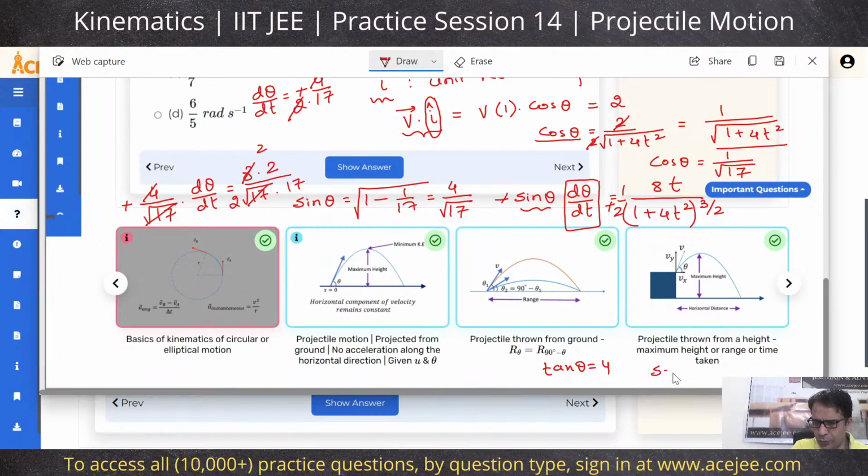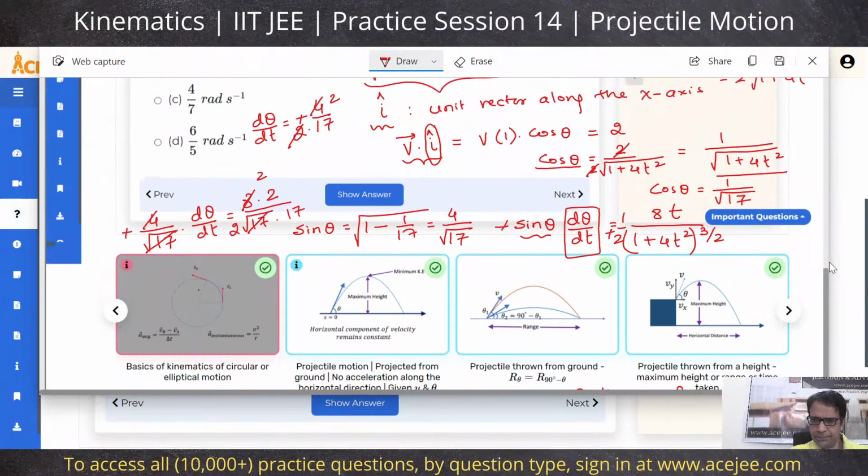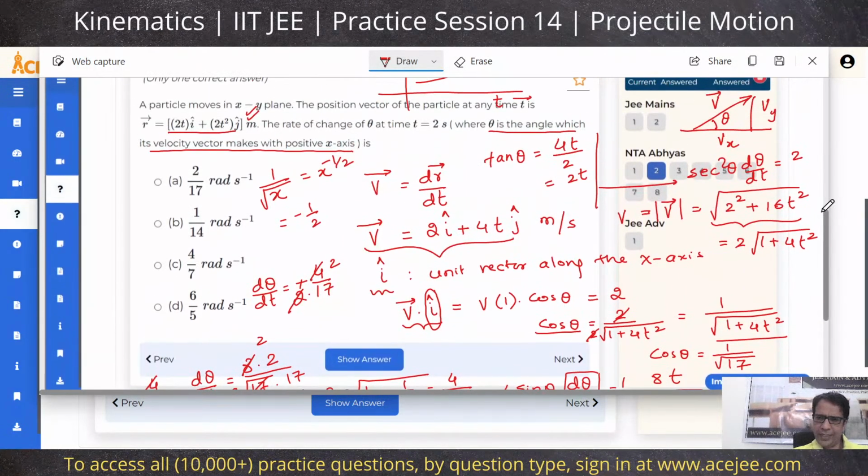So secant square theta at time t equals 2 seconds will be 1 plus 4 square, 17. So that is 17, then d theta by dt is 2 by 17 radians per second. Absolutely yes, beta. I think that's a clever method rather than this method, which is lengthier, right? Slightly lengthier. Chavi, beta, you got it?